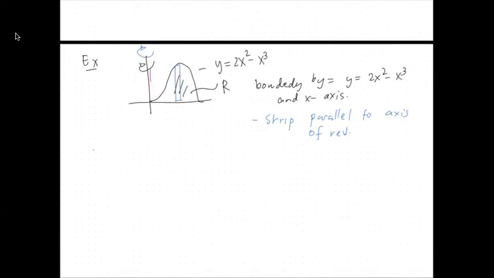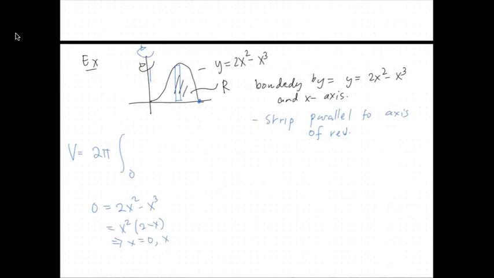And the formula is 2 pi. Start from 0. And then where do we end? To solve for the intersection, you get 0 is equal to 2x squared minus x raised to 3. So you get x squared times 2 minus x, equating to 0. This implies x is equal to 0 and x is equal to 2.